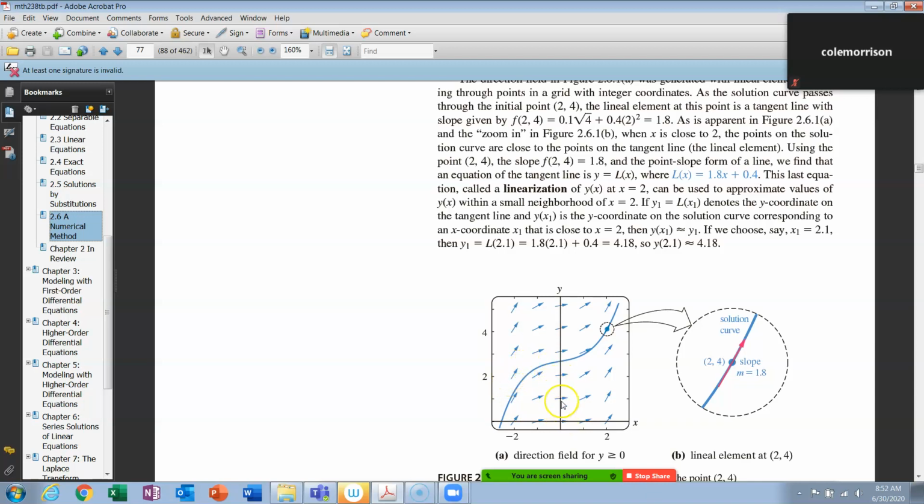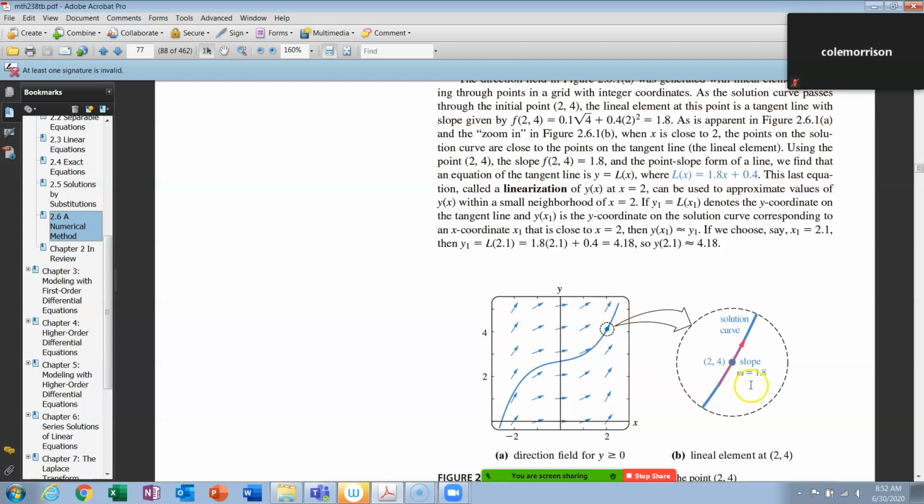If x is 0, then you're only dependent on that square root of y function, and those slopes are increasing very, very slowly here. Okay, but if we're starting at 2, 4, when x equals 2, y is equal to 4, you're right here, and there you're in a pretty good slope field.